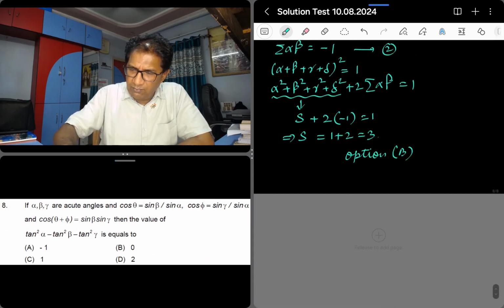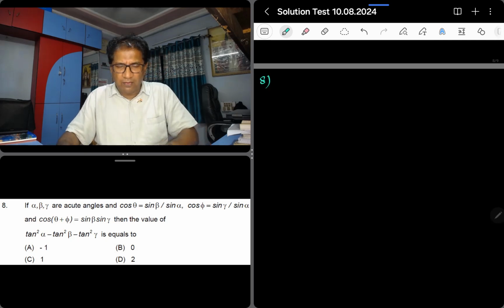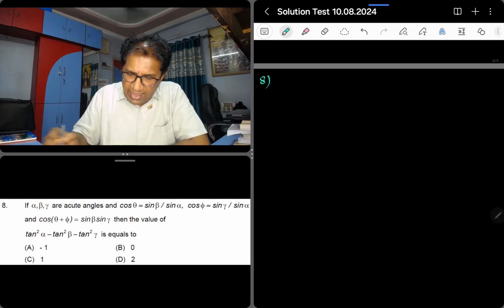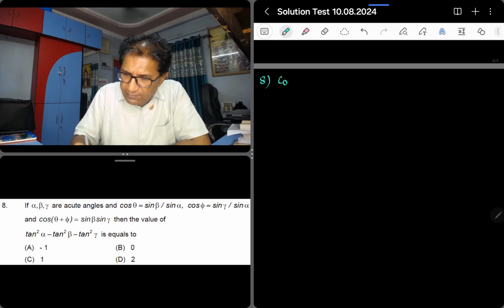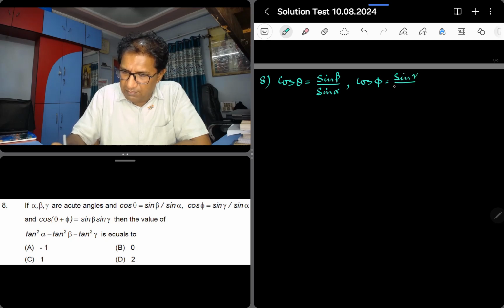This is our next problem, number 8. The question is, alpha, beta, gamma are the acute angles and we have cos theta as sin beta by sin alpha, cos phi as sin gamma by sin alpha.